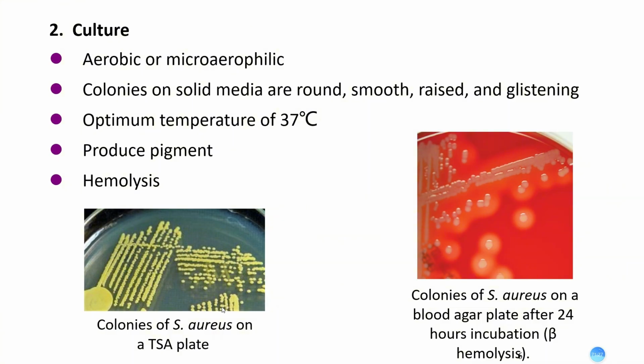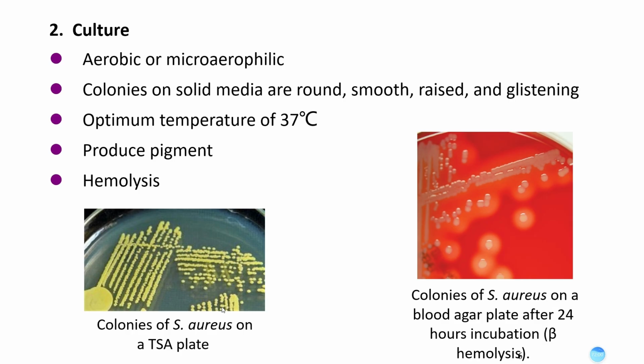And also, it causes hemolysis, which means that it's able to lyse red blood cells. Here, this is a blood agar. It contains the intact red blood cells. But surrounding the colony, you can see a halo of clearance, which means that in this part, the red blood cells are completely lysed, so it does not show red color.